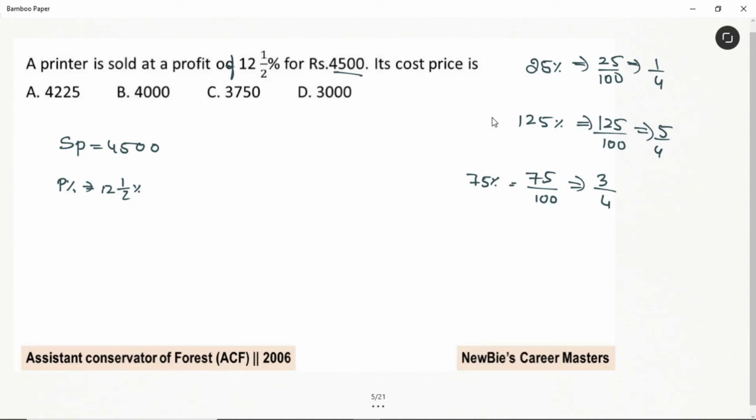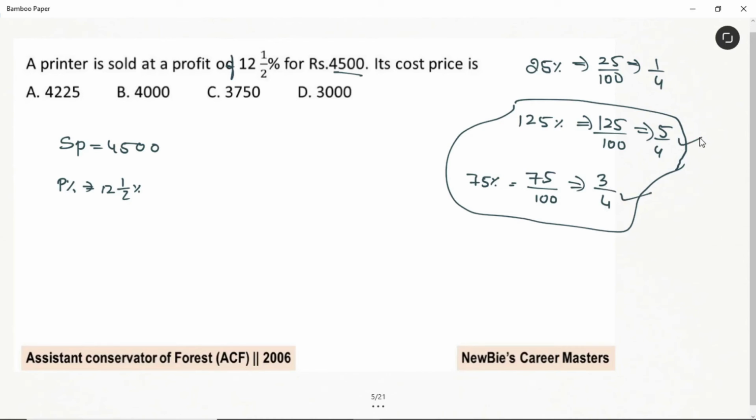Going with this method, 25% is 1 by 4. Profit means add these two: 5 divided by 4, that is the profit value of 25%. If it is loss, subtract these two: 3 by 4. This is for the loss and this is for the profit.